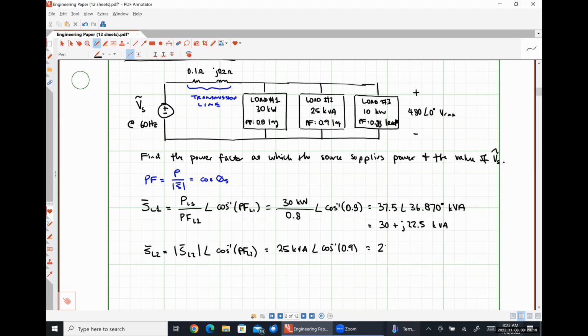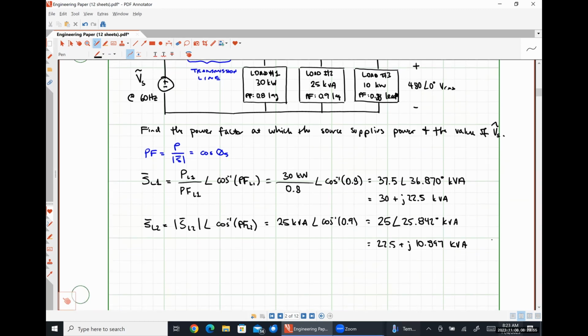So we wind up getting 25 angle 25.842, and expressed in rectangular form, this looks like 22.5 plus j10.897. Any questions about that particular calculation?